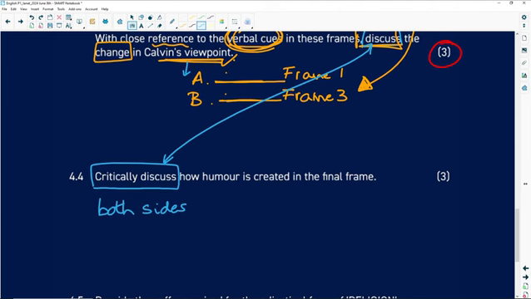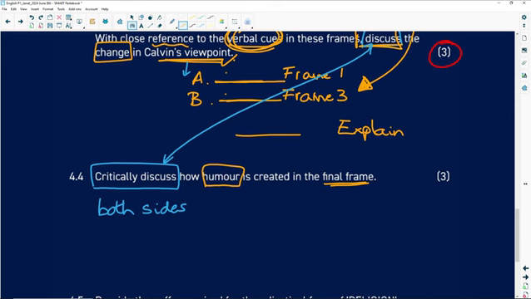But I don't think it's going to work here, because look at what we've got to discuss, how humor is created in the final frame. So the critically discuss is going to be, well, what is the humor in the final frame? So I've got to state what that humor is. And then I've got to explain how that humor is created. And that's going to be my discussion.